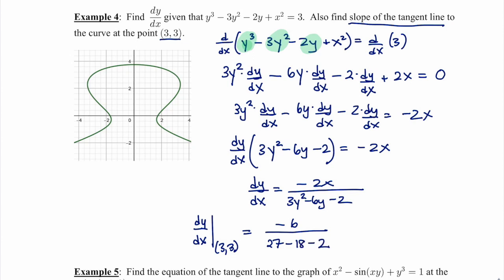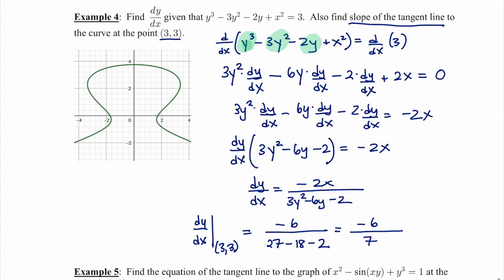I'm just filling in 3 for x and 3 for y. So that comes out to negative 6 over 27 minus 20. So negative, it'd be positive 7. So negative 6/7 for the slope.